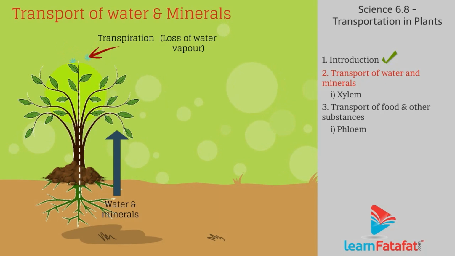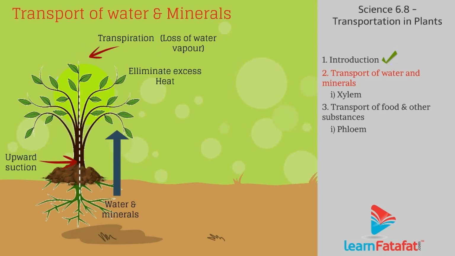With transpiration, water and minerals are transported to higher body parts. It creates continuous upward suction, allowing water to be transported to upper body parts. It helps in temperature regulation, that is, excess heat is eliminated via water vapors.